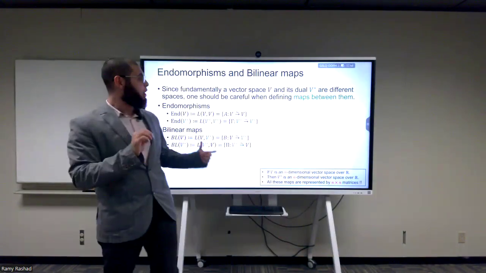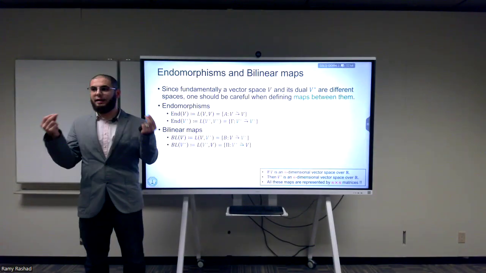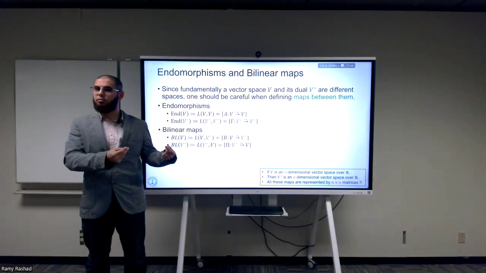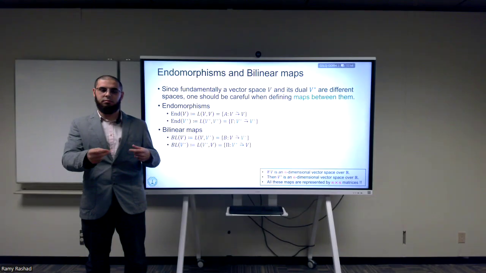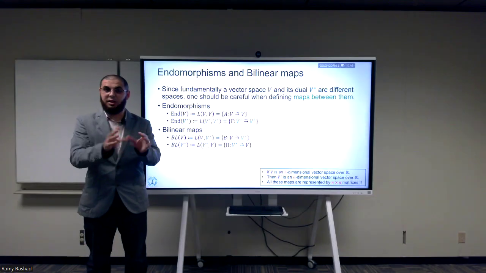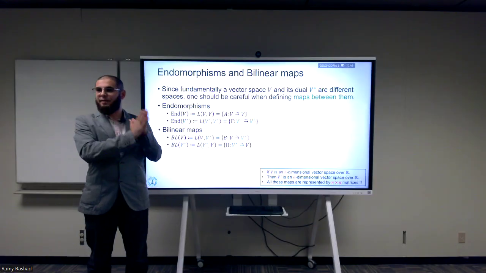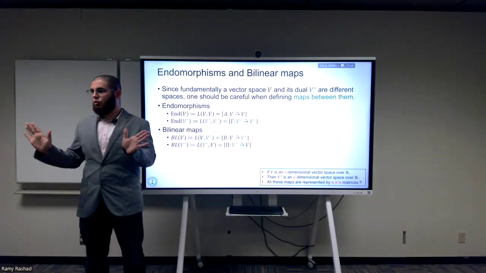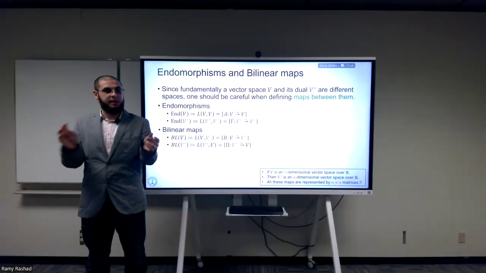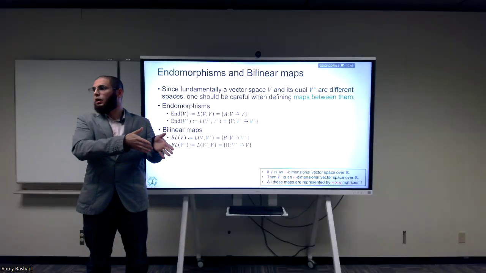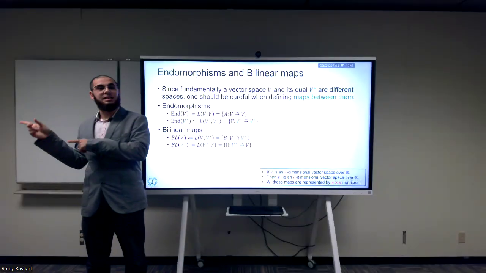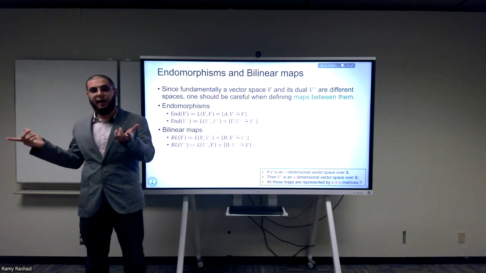Fundamentally, V and V star are two vector spaces. They have the same dimension, but are they the same space? No. Objects here are vectors. Objects there are covectors.